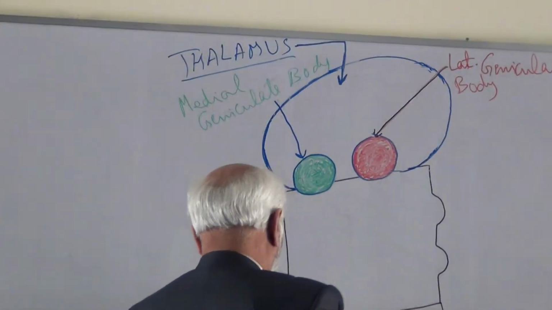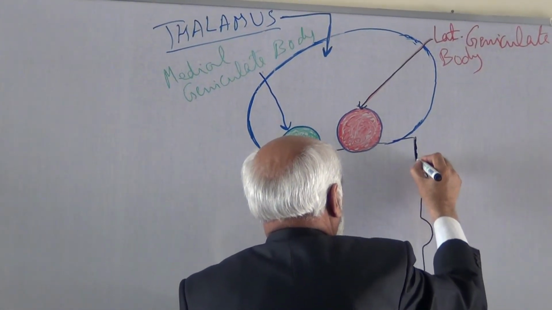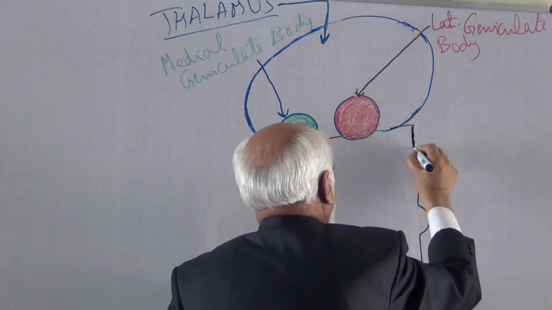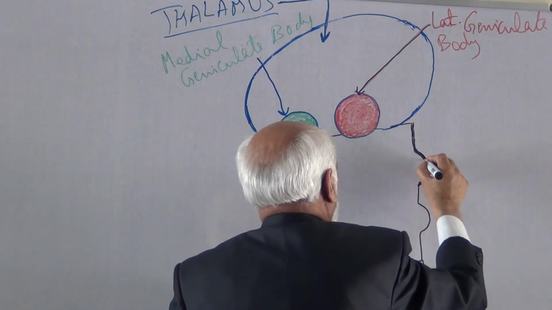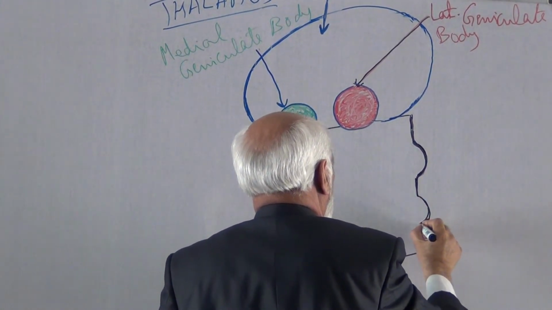Then in the lateral view of the midbrain, you can see there are two swellings, one above, the other below. This is the superior colliculus, and below it, this is the inferior colliculus.